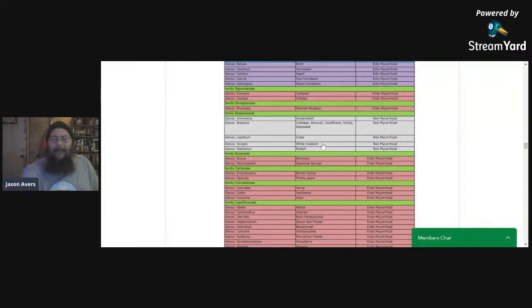The cresses, mustards, radishes. All of these are presumably non-mycorrhizal, although there's a possibility that there may be some form of fungi that associate with even the Brassica families.